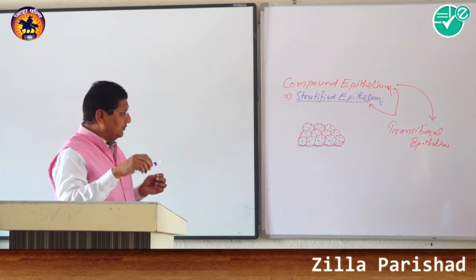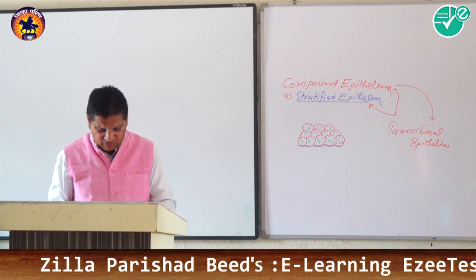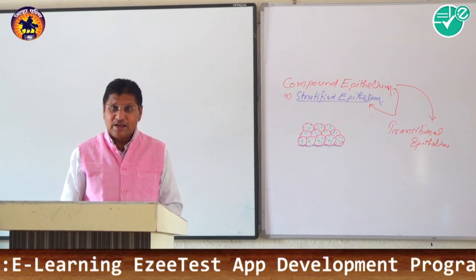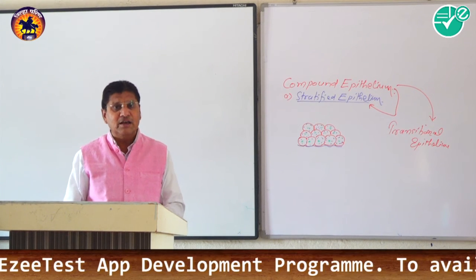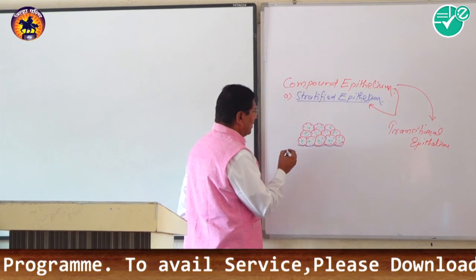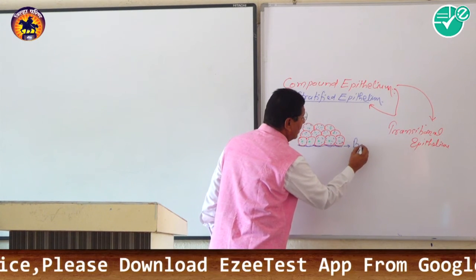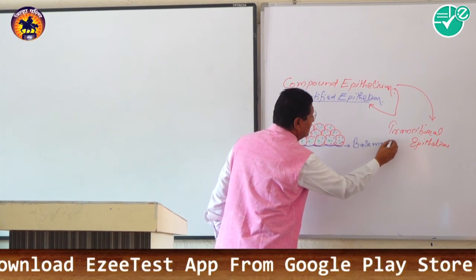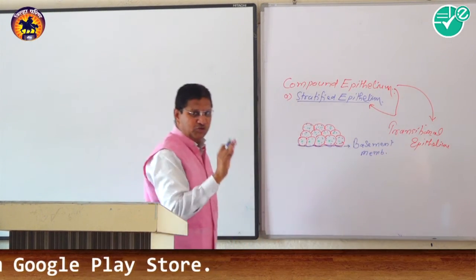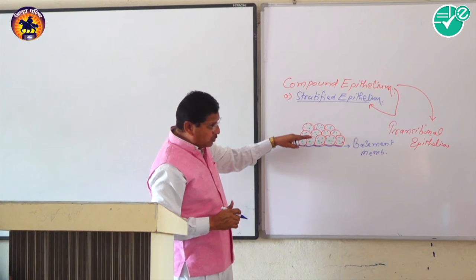In the stratified epithelium first, it is made up of flat cells and it is a multi-layer epithelium. In this epithelium, only the lowermost layer is resting on the basement membrane, and the remaining layers are present above this layer.